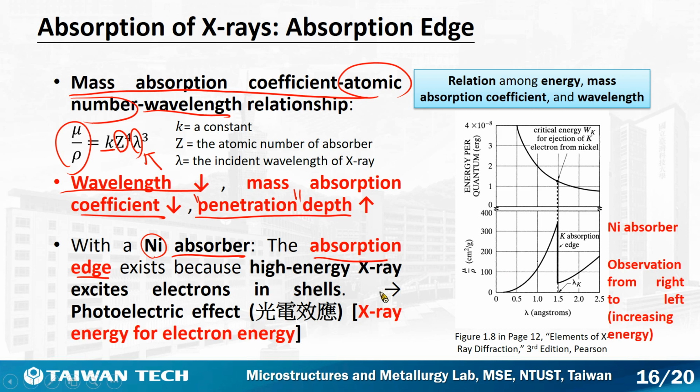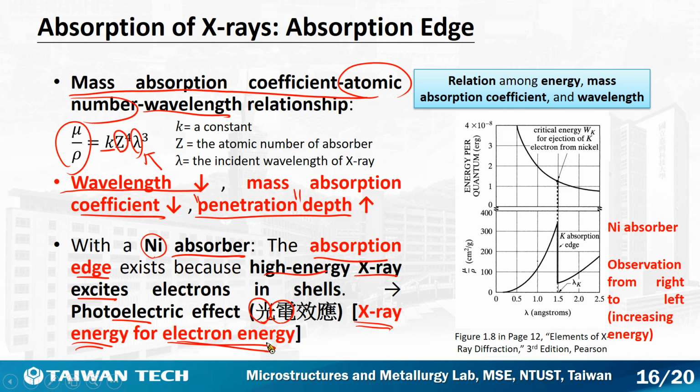It exists because the high energy X-rays will excite electrons in the shell, and then it will produce the photoelectric effect. The photoelectric effect means we have transitions from light to electrons. This is our radiation. The X-ray energy will transfer to electron energy.